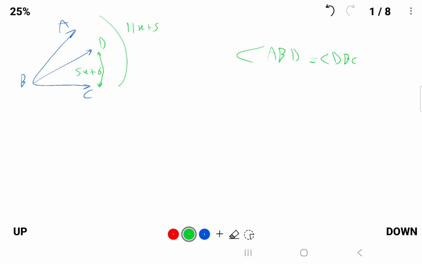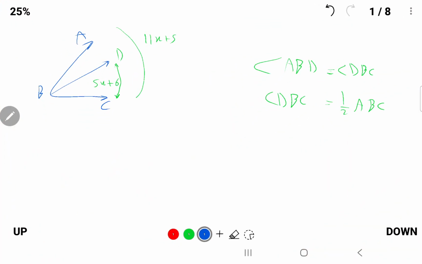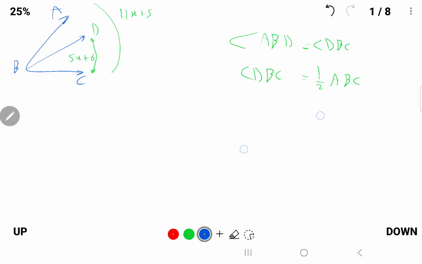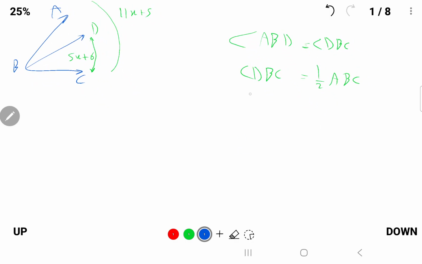And to find angle DBC, we write DBC is equal to half of ABC. So we have 5x plus 6 is equal to one half times 11x plus 5.